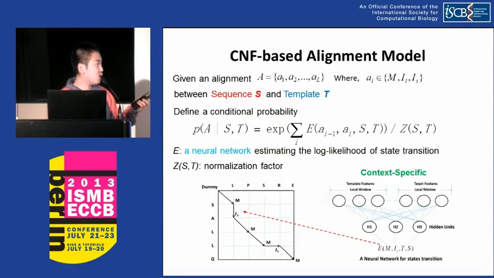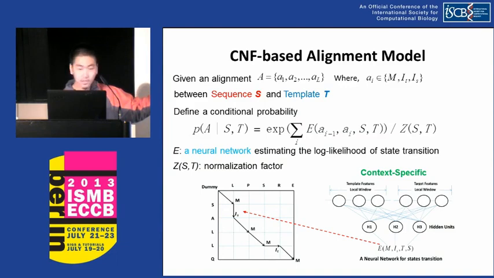After we described the data part, we then move to the model part, and describe how to use the CNF to model the protein alignments. Basically, we define the conditional probability for a certain alignment A, given the template and the sequence.